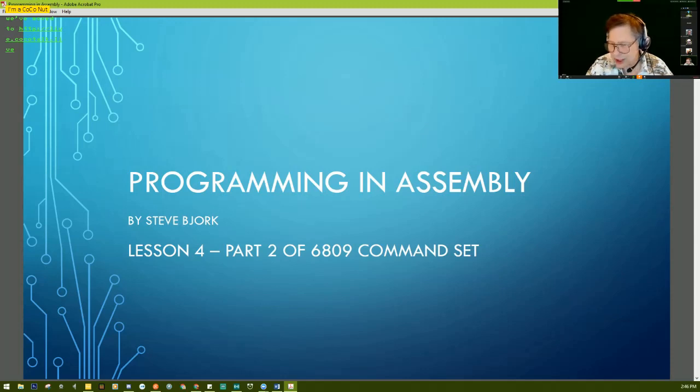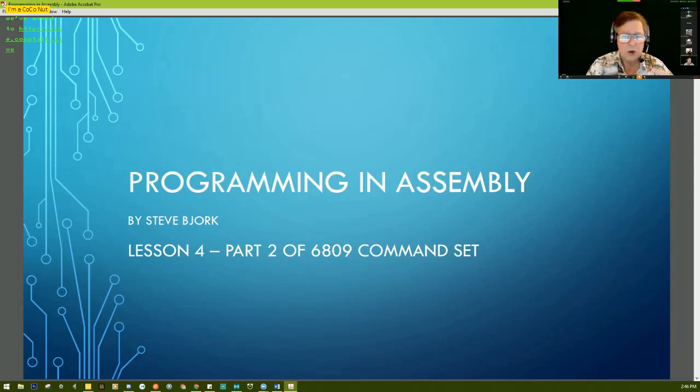Okay, well, this week we're moving along more with the 6809 command set, the instructions that are inside the processor. And we're going to take a look mostly at the ones that do arithmetic, math work, and the like. But first, we're going to do a little bit of recap by looking at storage.